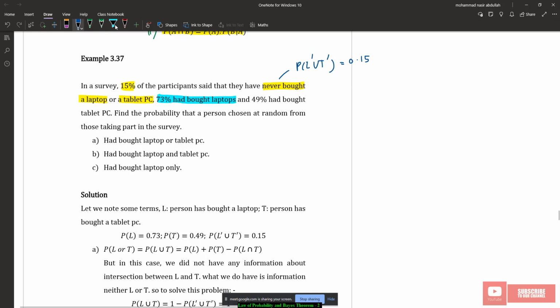Maksudnya dekat sini, probability of L is equal to 0.73. And then 49% had bought a tablet PC. So probability of T is equal to 0.49. Find the probability that a person chosen at random from those taking part in the survey had bought a laptop or tablet PC. So we want to know probability of laptop union tablet PC.